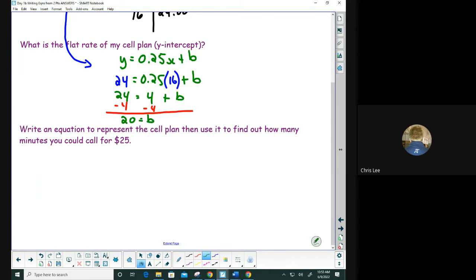So what's the flat rate for this cell phone plan? 20 bucks. So now we have y equals 0.25x plus 20. Use that to figure out how many minutes. I've got 25 bucks. Where's the 25 go?